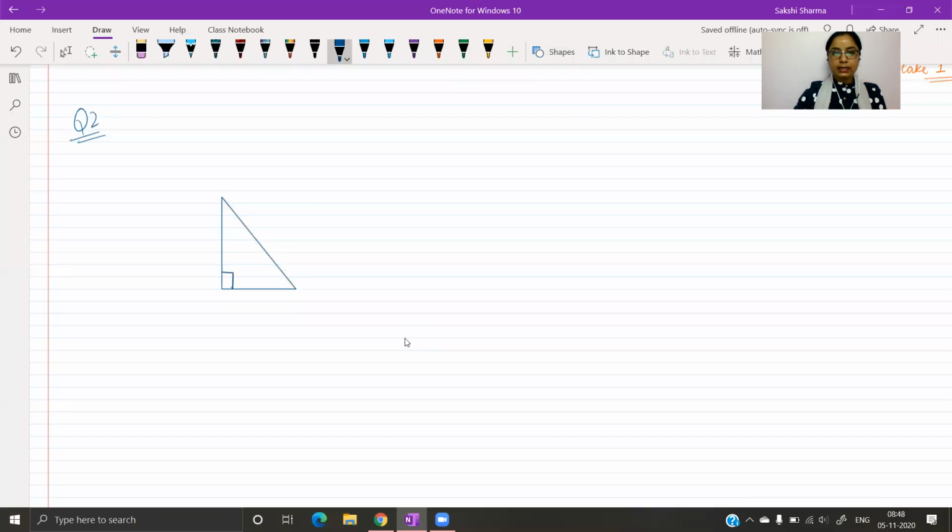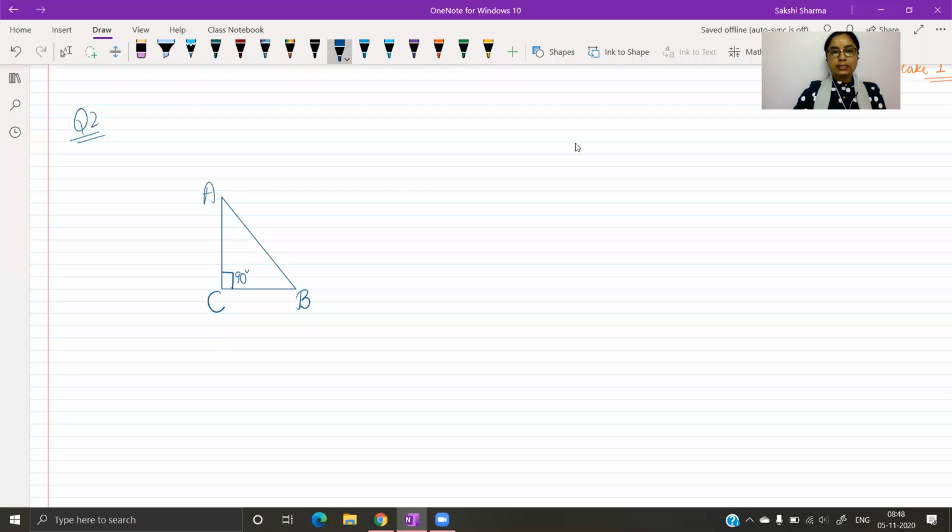So this is 90 degree. I'm going to show C here. Okay, Lovepreet. Now A and B can be marked anywhere. I'm going to mark A here on the top, B here.